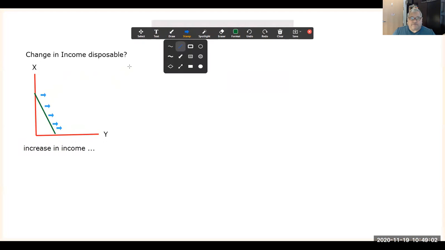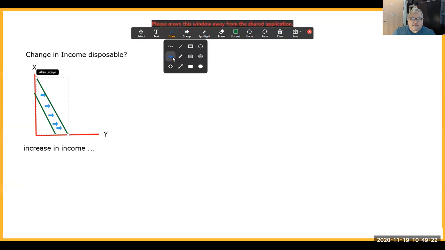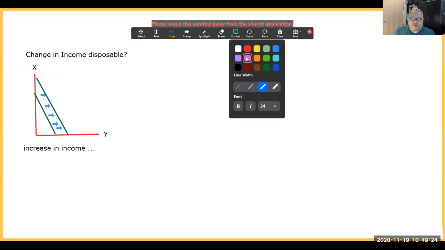And since the price of X and the price of Y haven't changed, because we're only changing one thing at a time, all else being the same, ceteris paribus, we will end up with a parallel shift outward of the budget constraint. And what that does is it expands the possibilities of consumption by all these points in the orange zone.